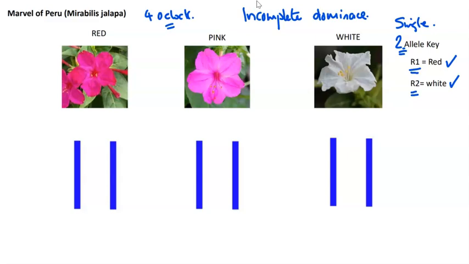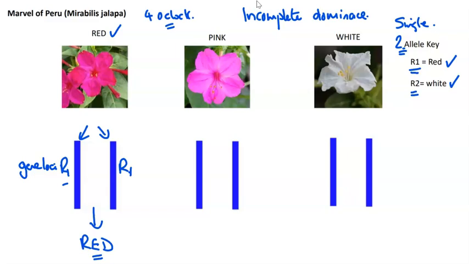Now, of course, there is a pair of chromosomes, a homologous pair, and there will be a gene locus. On that gene locus, for the red petal plant, we would have R1, R1. And together, when expressed, this results in the red color of the petals.